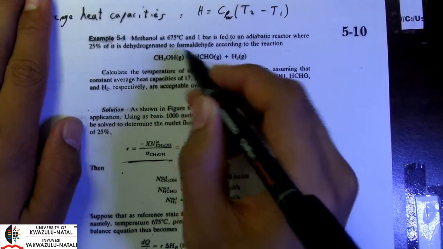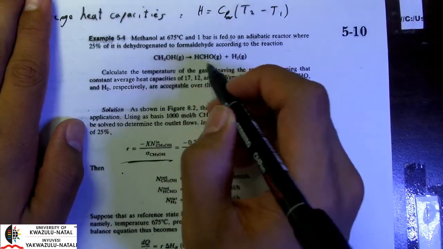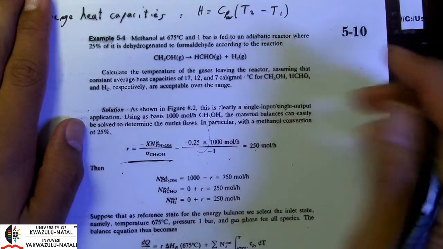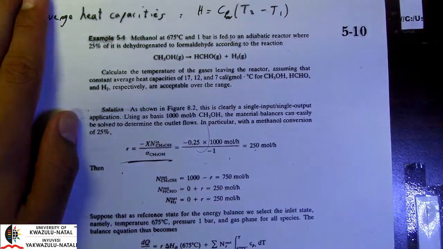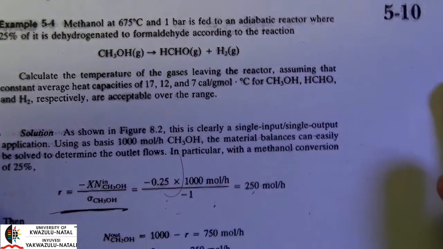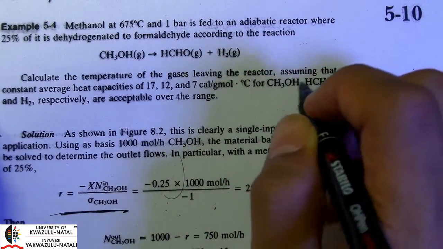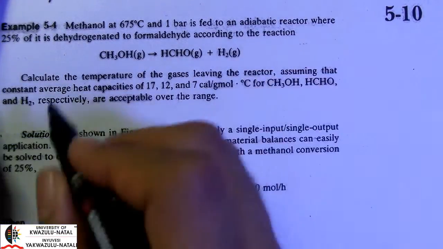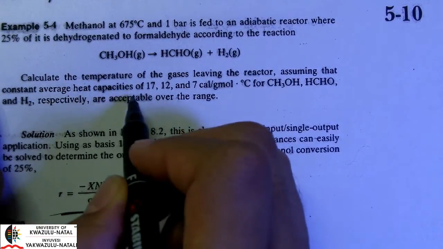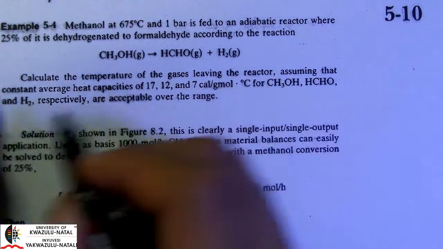So we have methanol dehydrogenating to form formaldehyde according to that reaction. And they want us to calculate the temperature of the gases leaving the reactor, and they've given us some average heat capacities for each of our species.